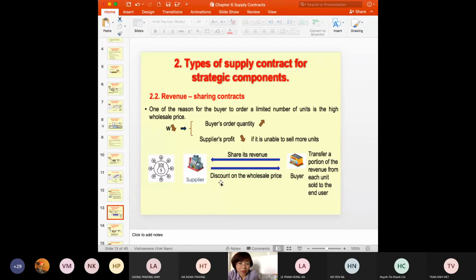Here, under a revenue sharing contract, the buyer buys the products but actually has a limit on finance.